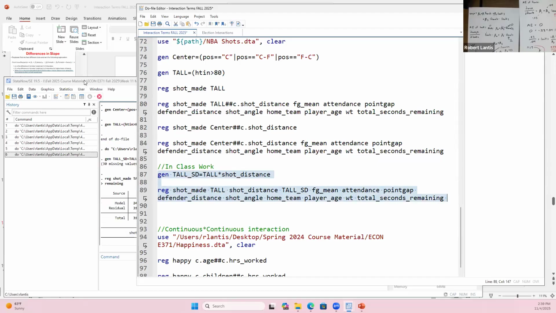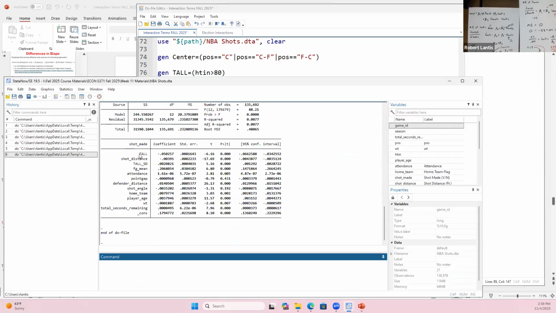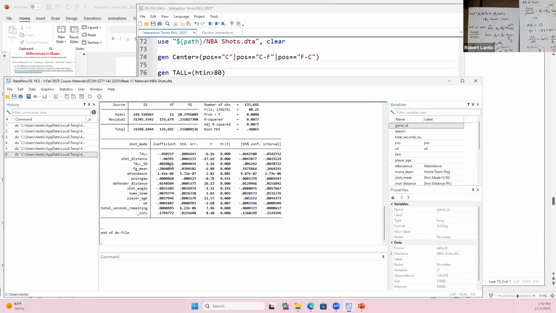So I go ahead and run this regression. I now have the coefficient on the dummy variable, the continuous variable, and the interaction between the two. Okay? Now, these start to get kind of small, 0.00208. If I start to do some rough math in my head, I might actually be doing some egregious rounding and come up with some very different values. So I want to be very precise.